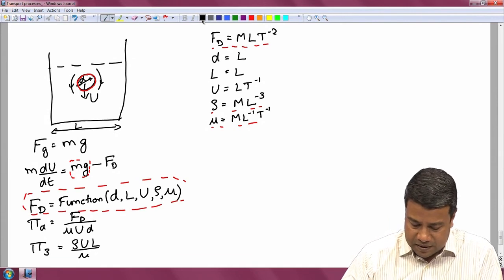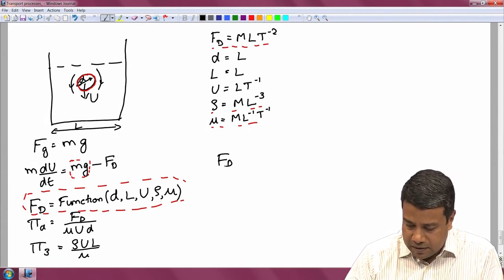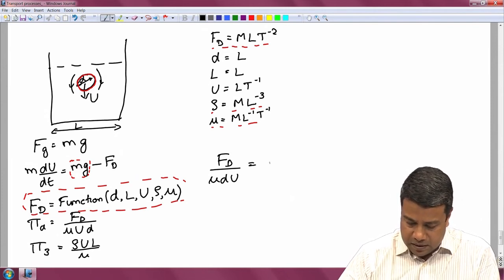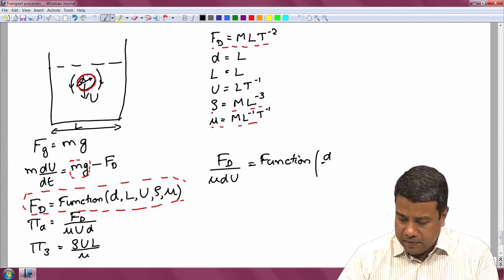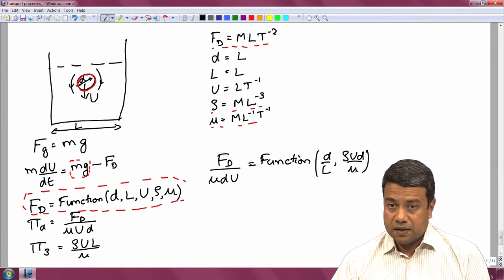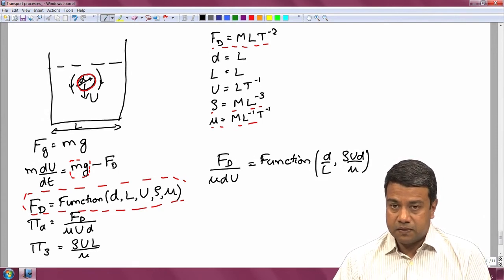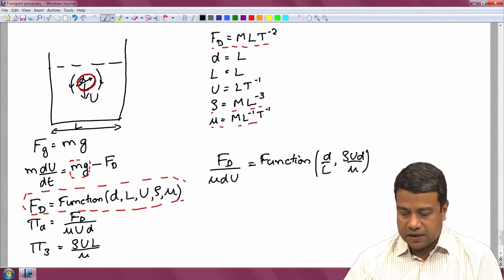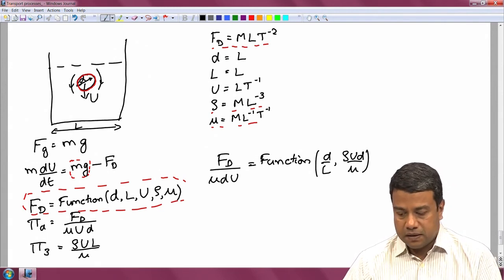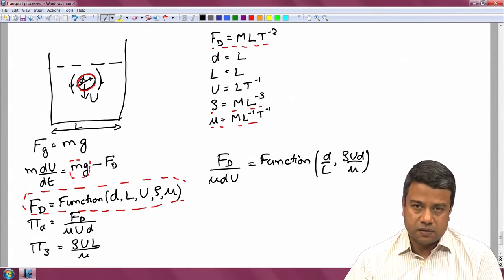So, what I will write is that f d by mu d u is equal to some function of d by L and rho u d by mu. So, that has greatly simplified this relationship. You do not have to vary 6 quantities independently to find out what is the drag force. You just need to vary 3 dimensionless groups.